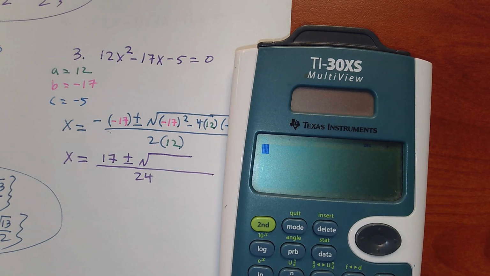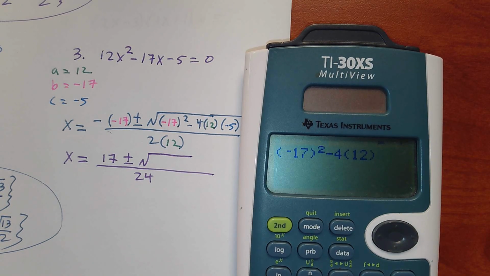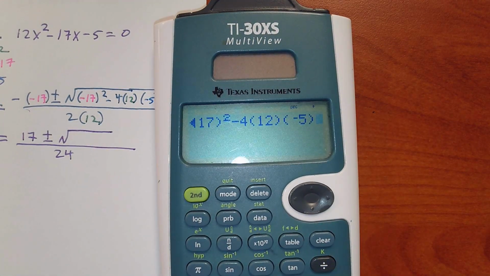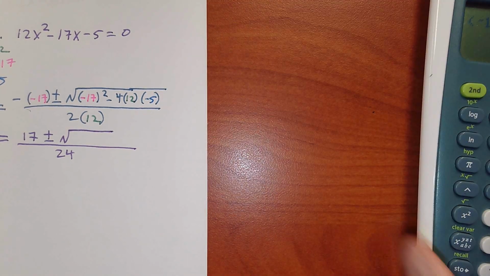We've got negative 17 squared minus 4 times 12 times negative 5. That's 529.